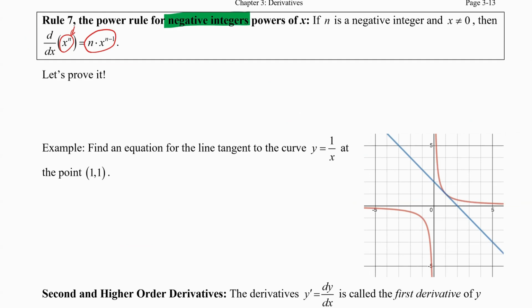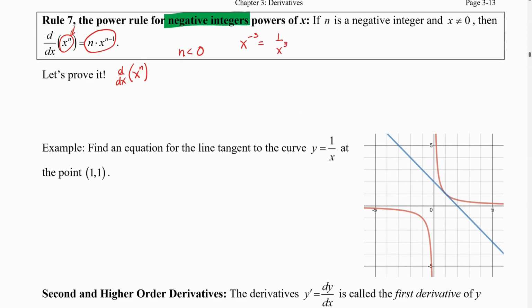For example, let's say I'm taking the derivative of x to the nth. Okay, and remember, n is an integer and it's negative. Like x to the -3. Well, x to the -3 is equal to 1 over x cubed.